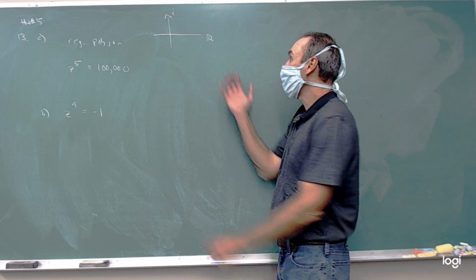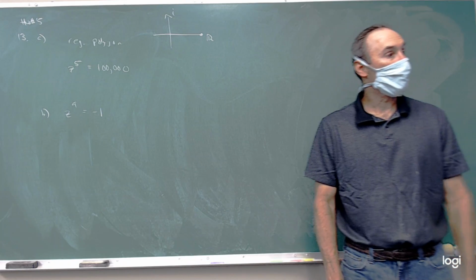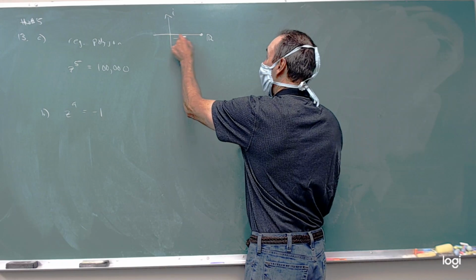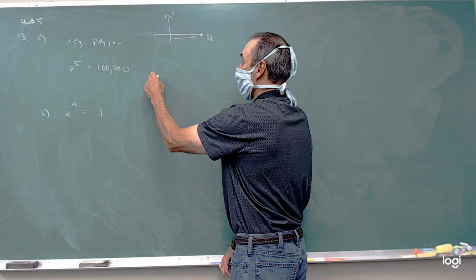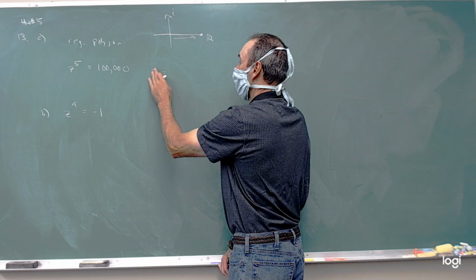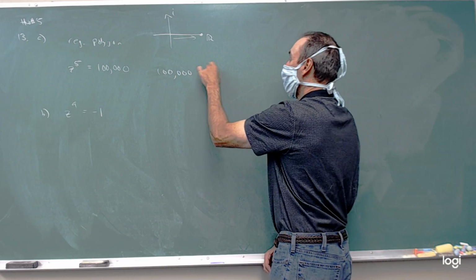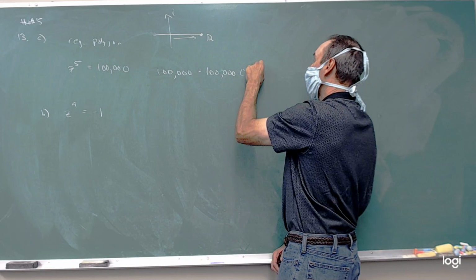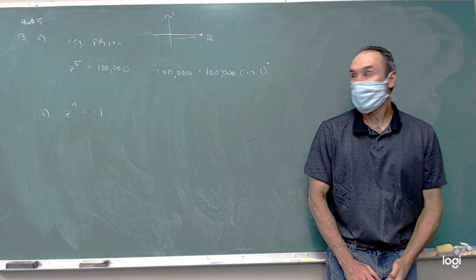That's right there on the real axis, and 0 for the imaginary. So we can see that the r of that is the distance from the pole. So 100,000 is 100,000 cis, and the angle there is 0 degrees. Is that okay?